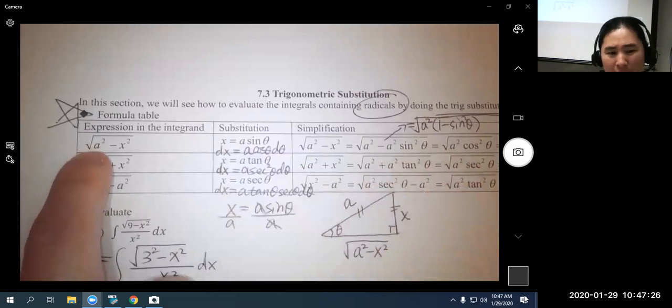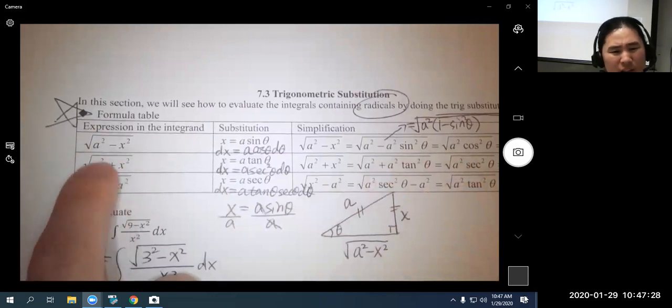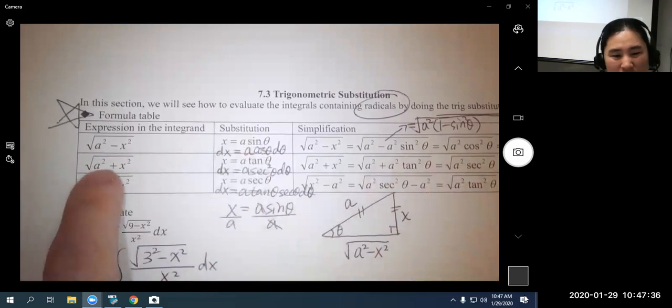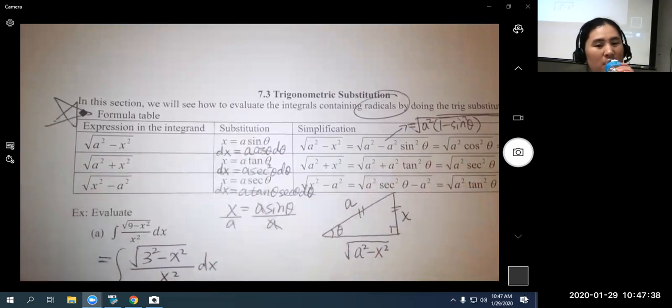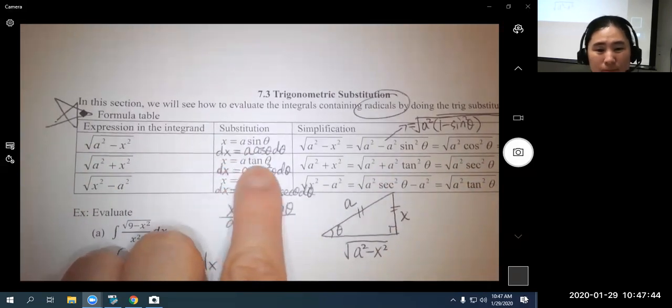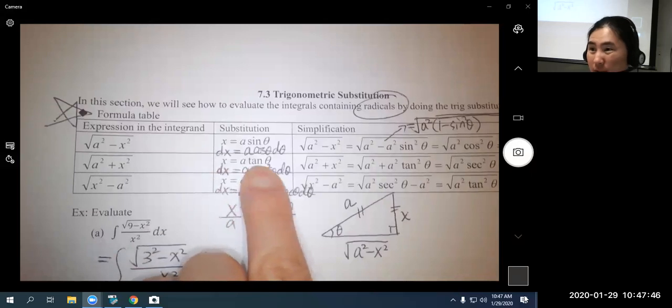This first case must be a squared minus x squared. This one is a sum. You have to be specific, okay? Because for each case, we have to use a certain substitution. So this case is when a squared plus x squared, we use what substitution? Tangent, okay?